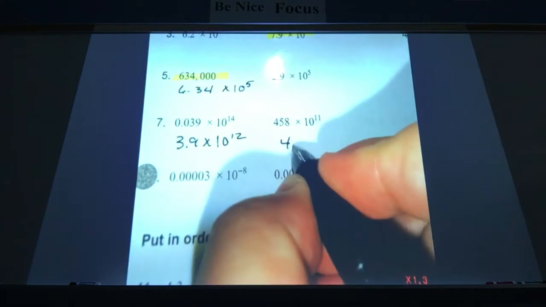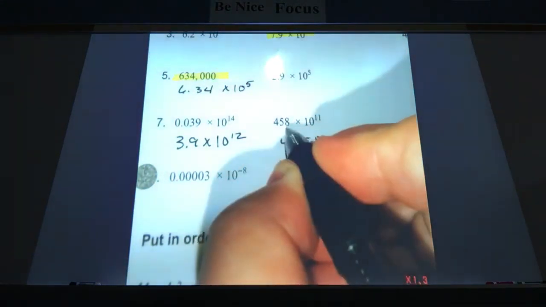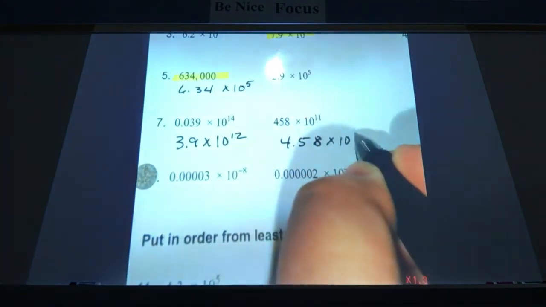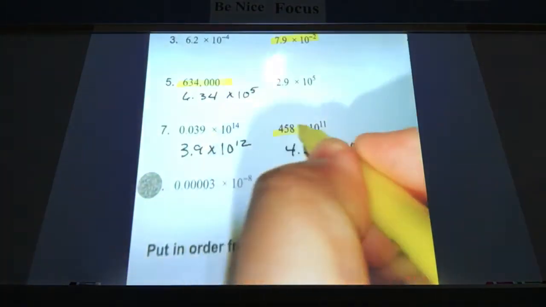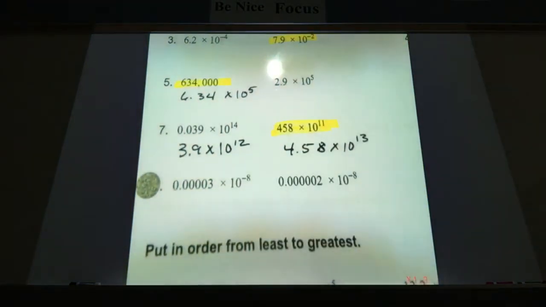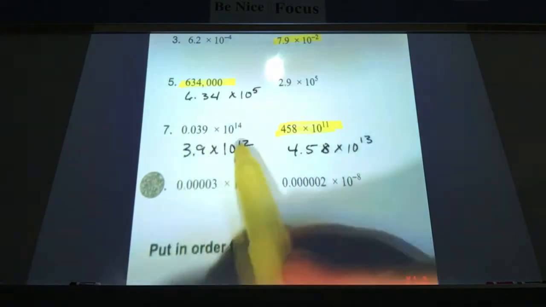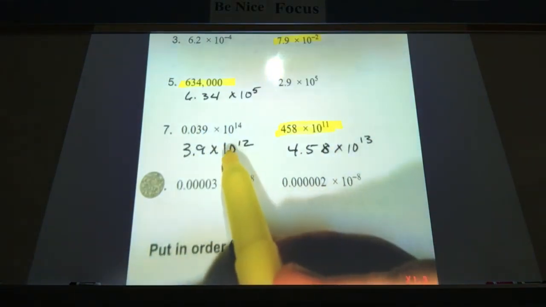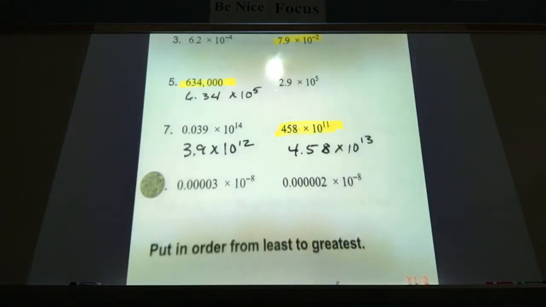We made it two smaller, so that has to be two bigger. So now this one is going to be your greater number, even though it looked like that one should be because it was 14, but it wasn't in proper scientific notation, so that doesn't count. Once you get them both in proper scientific notation, then compare those exponents.